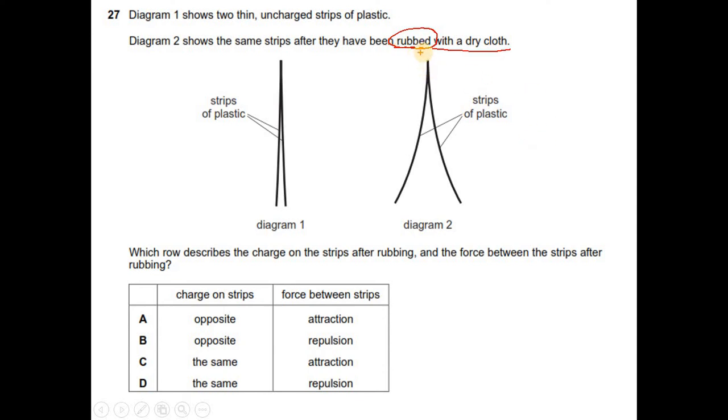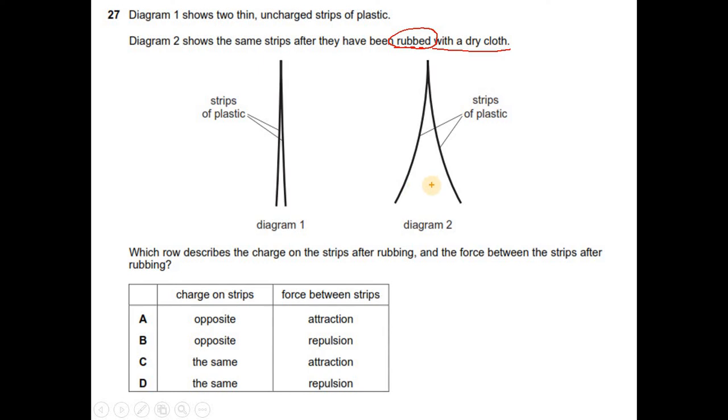That means when you are rubbing these plastic strips with the dry cloth, both of the plastic strips get some charges. And what type of charges the strips are getting, we can see from the difference between these two diagrams. Both of the strips are moving away. That means these strips are repelling each other, so both strips must have the same charges.